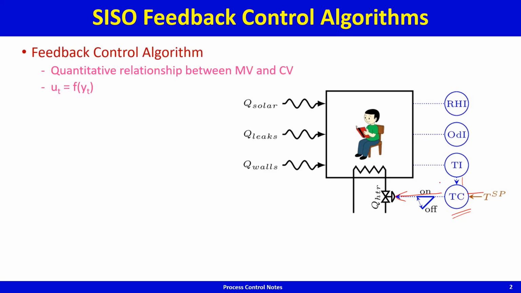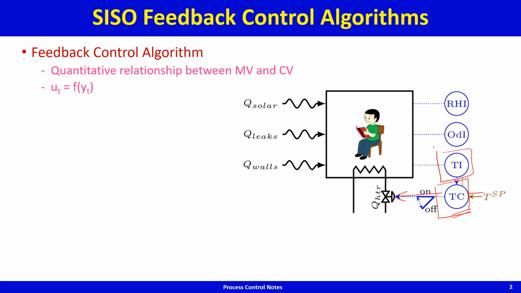The calculation is done by means of a feedback control algorithm, which is a quantitative relationship between the MV and the CV. Note that this controller is basing its move of QHTR only on the value of the temperature as sensed by this sensor. So the temperature controller is adjusting QHTR based only on values of the temperature.